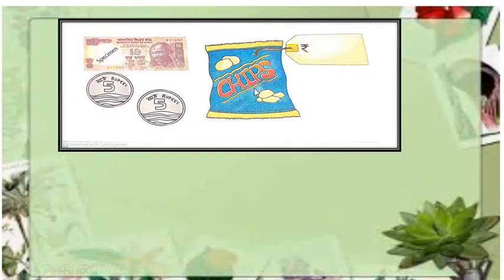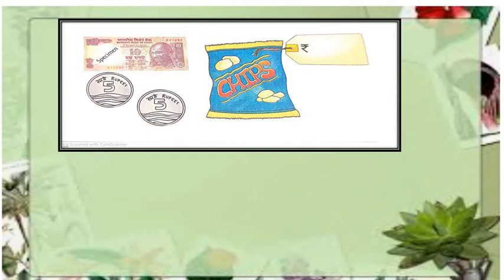This is the packet of chips. Every day you went to the grocery shop nearby to buy the packets of chips, as all the children like to eat chips very much. Let us see what is the price of that.